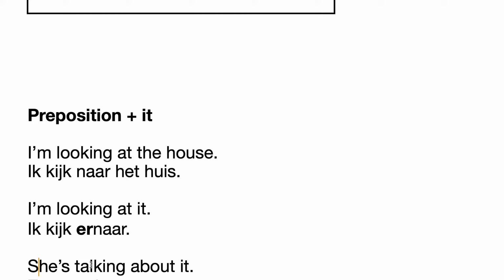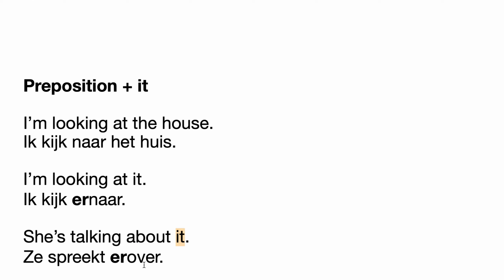Have you heard of the new film? Yeah, she's talking about it. And then the it is the film. And in Dutch, as you know now, this about will be put behind the it. So the it will be pasted here. It will become it about. Ze spreekt erover. The het turns into an er.